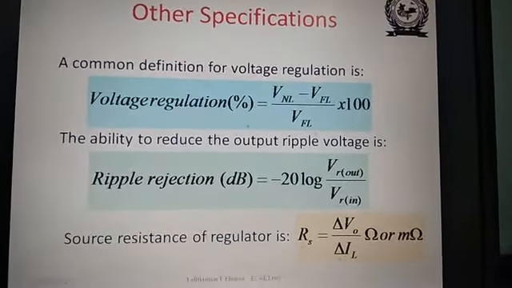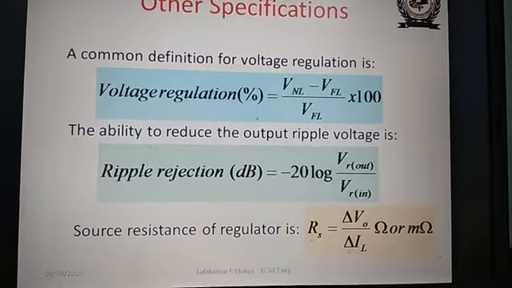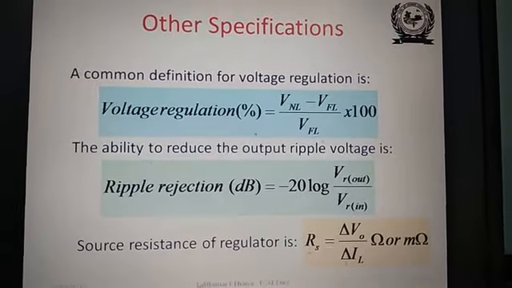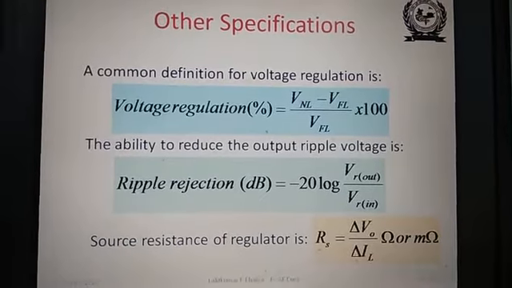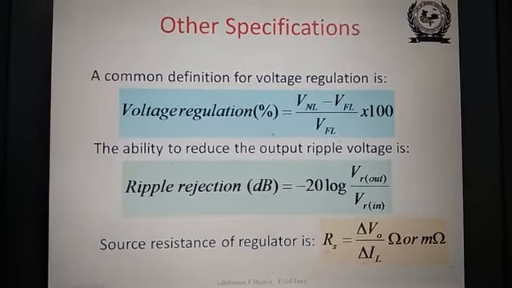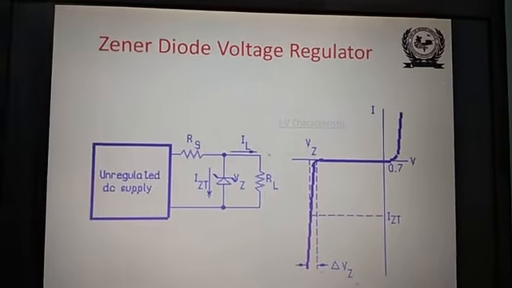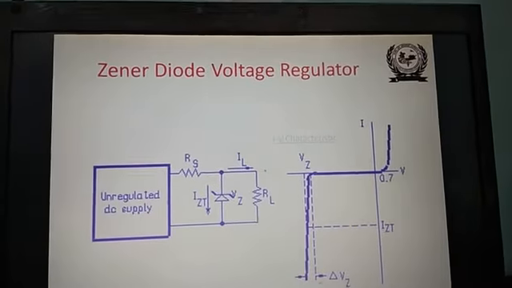So voltage regulation in percentage, ripple rejection in decibels, and source resistance of a regulator in ohms or milliohms are the other specifications generally used for regulators.